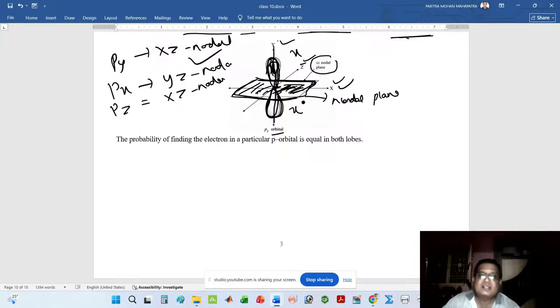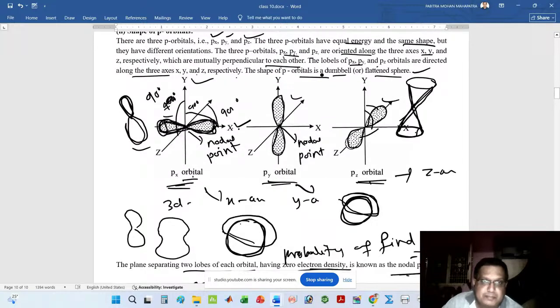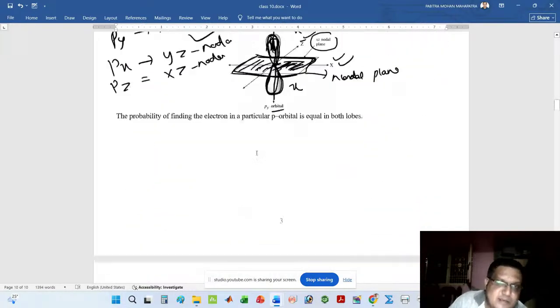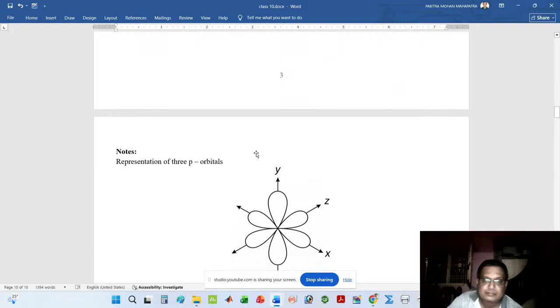Both have the same probability of finding electron. Similarly, if you think about the px orbital, here also x, here also x, having the same probability of finding electron. So think about the pz, here x, here also x. Both lobes have the same probability of finding electron.